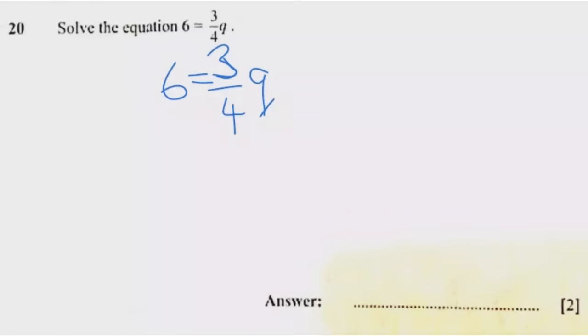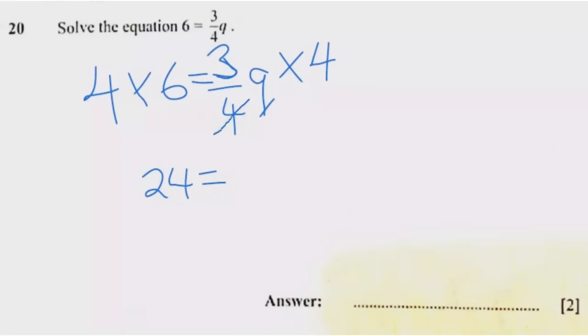We're going to multiply both sides by 4 so that we get rid of the fraction. So 4 times 6 gives us 24, which is equal to, on the right side, 4 down and 4 up cancel each other, leaving us with 3q.